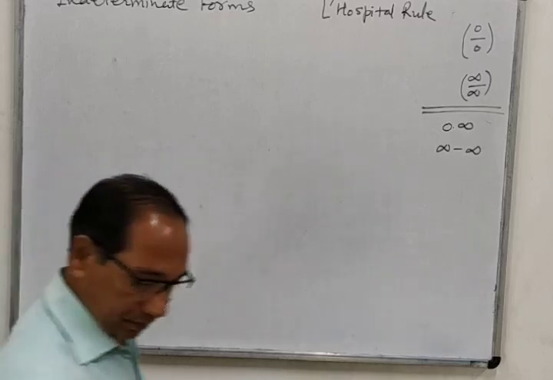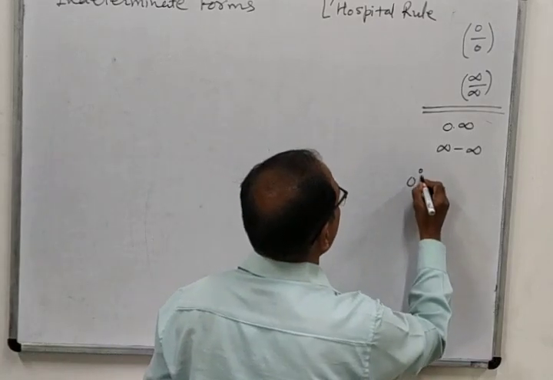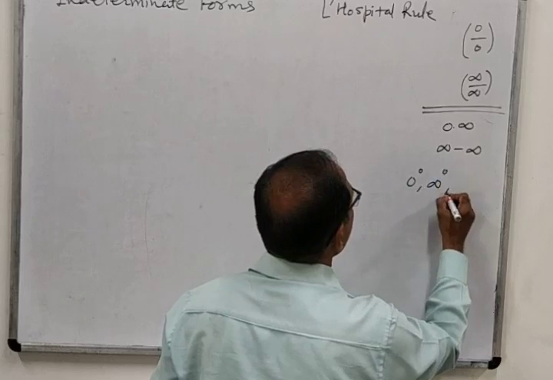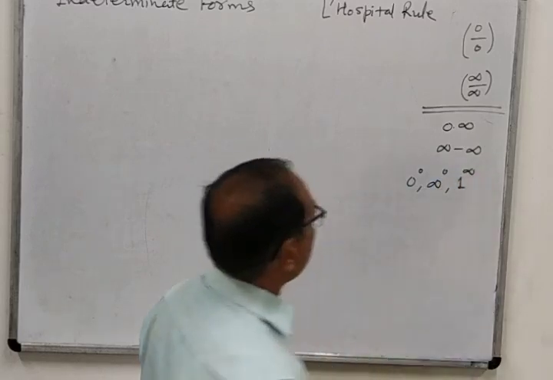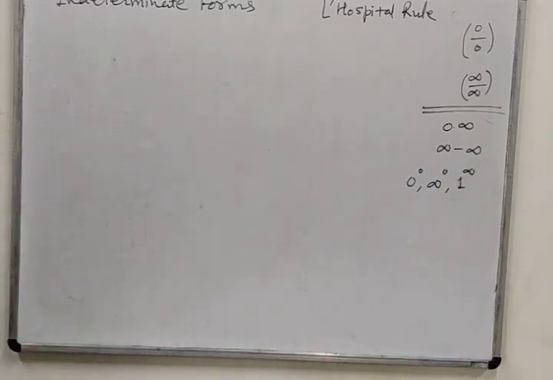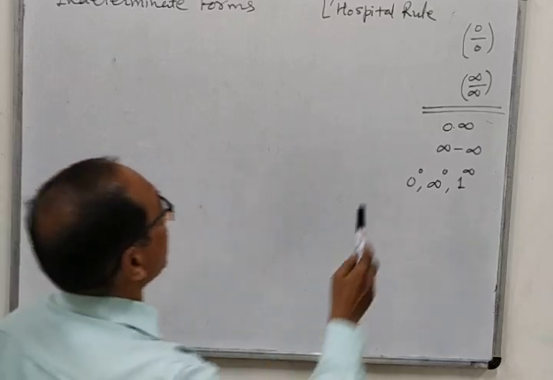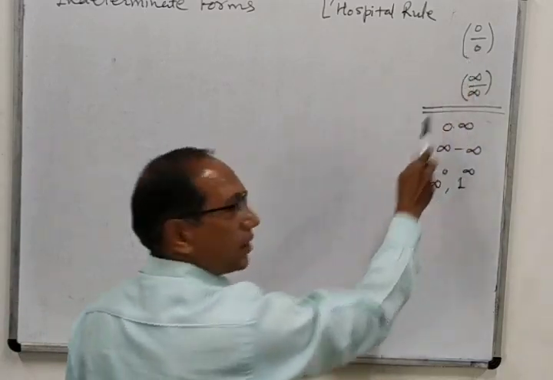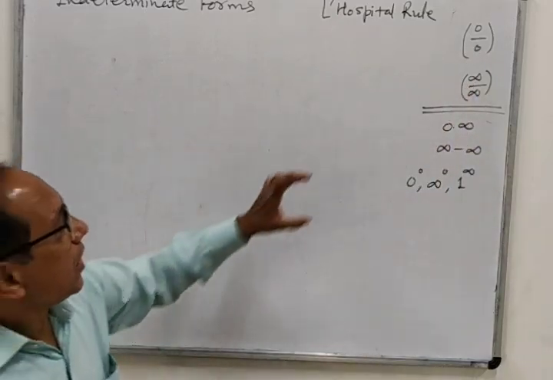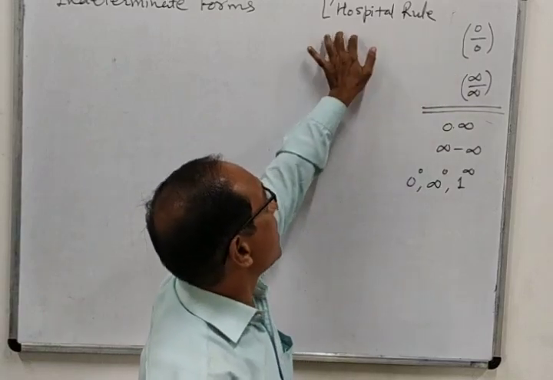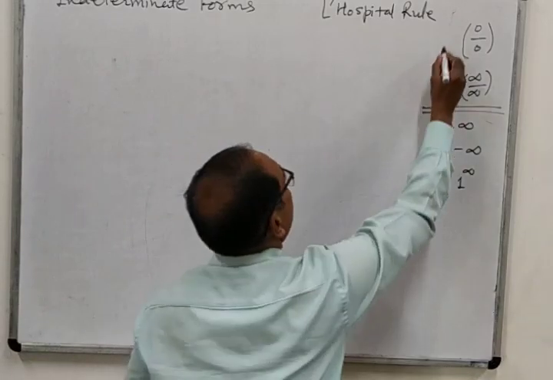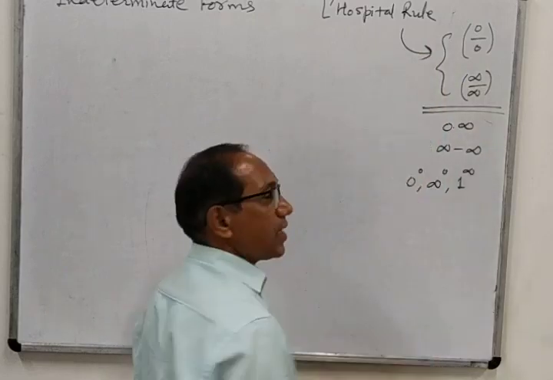Then we will see 0 raised to 0, infinity raised to 0 and 1 raised to infinity. So this kind of indeterminate forms we will see. Last time I explained to you that these two are the basic indeterminate forms, and in these two L'Hopital rule can be applied.